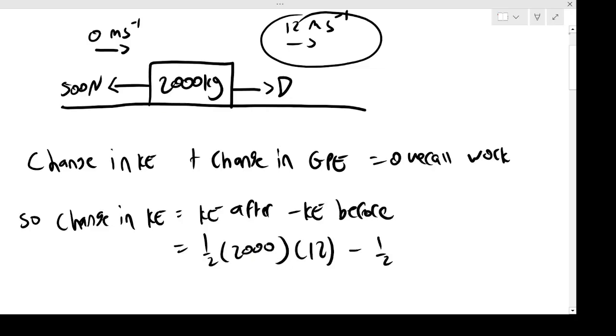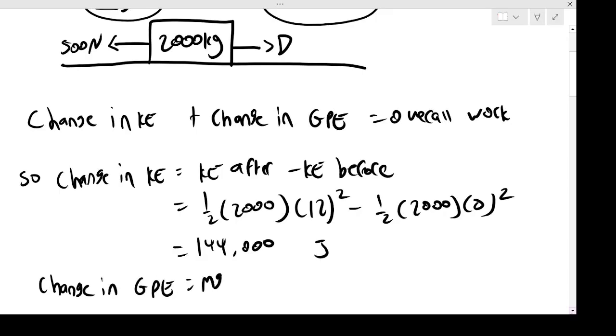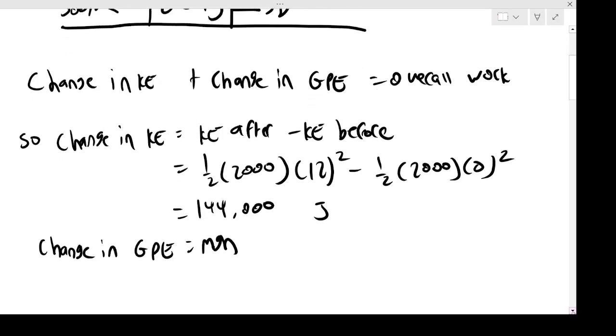Then I'm going to take away the initial kinetic energy, but initially there's no speed. So we work all that out, that's going to be 144,000 joules there.